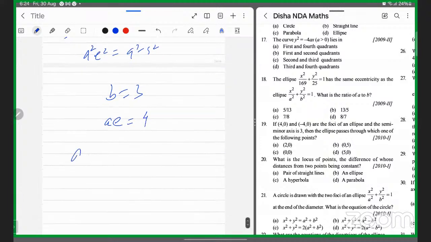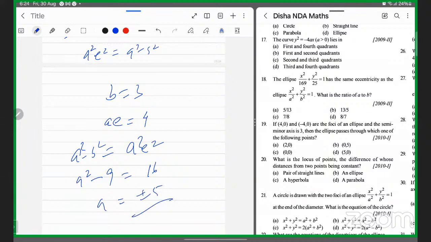We know that a square minus b square for an ellipse is a square e square. So b square is 9, a square is 16, so AE is plus minus 5. So it will pass through the vertices on the major axis, 5 comma 0 and minus 5 comma 0. One of the points is 5 comma 0. D is the correct answer.